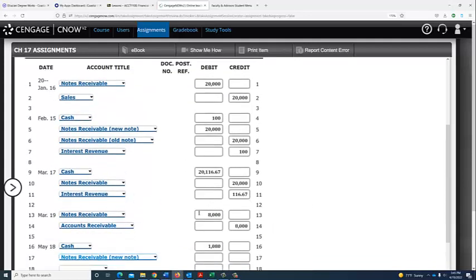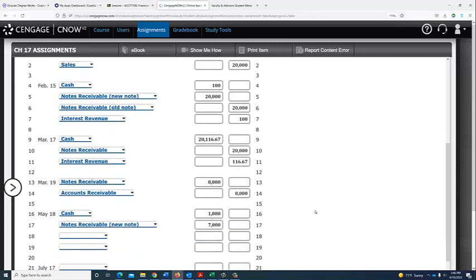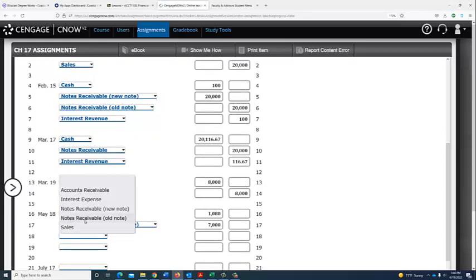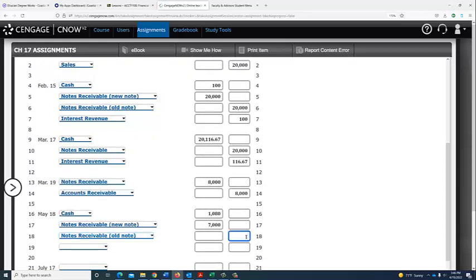So the original amount of the note was $8,000, and $1,000 was paid toward it. So the new note will be, well, not 7,200, 7,000. 8,000 minus the 1,000 principal. Then we need to remove the old note, which was at 8,000, and then record the interest revenue of $80 that we collected.